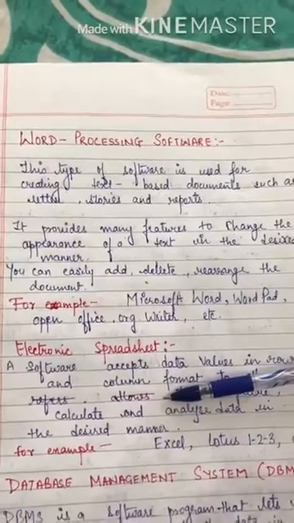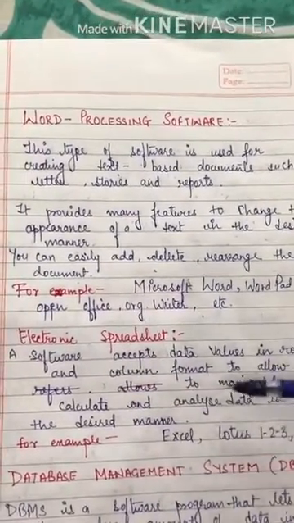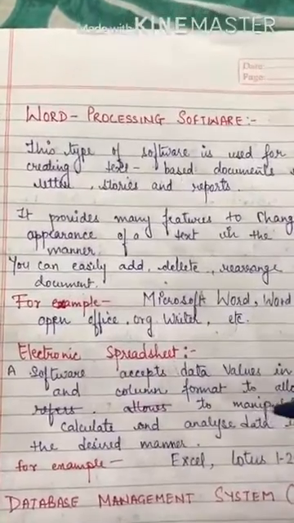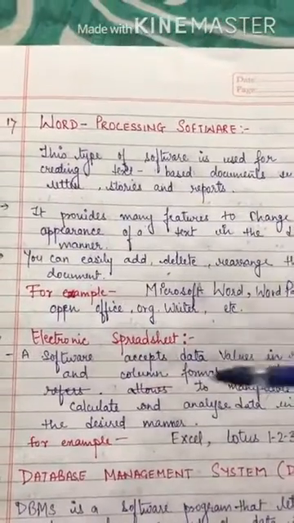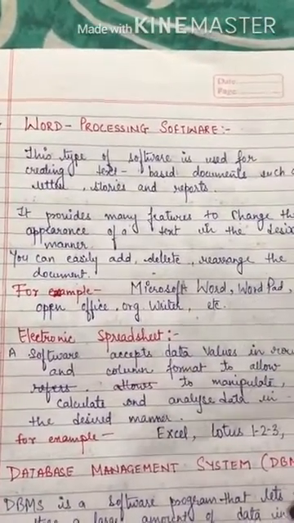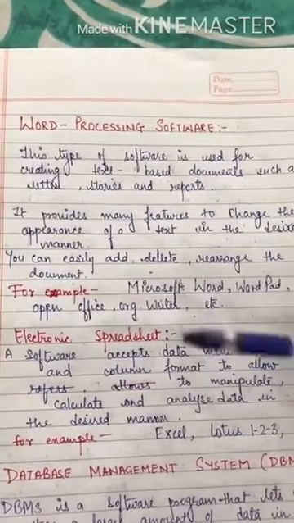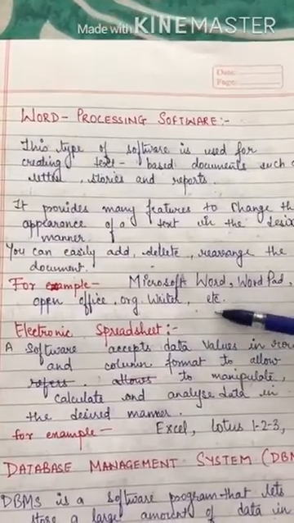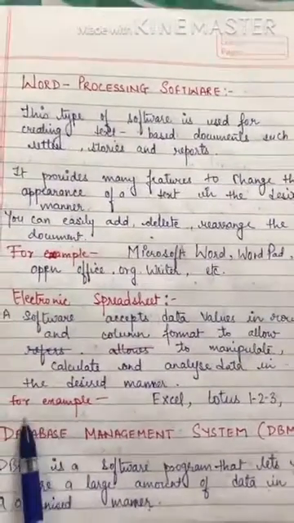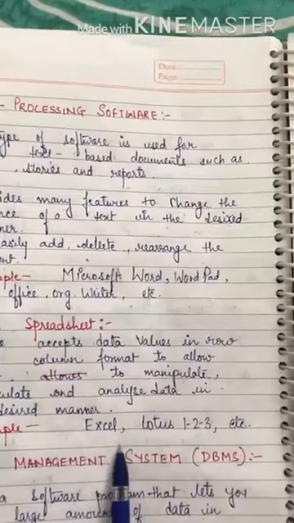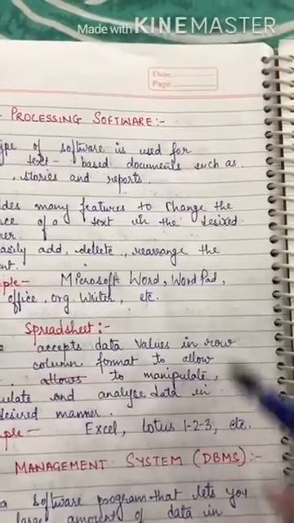It is used for creating documents to manage and organize numerical data. Some of its application areas are financial accounting, cost analysis, interest calculations, etc. Some examples are Excel, Lotus 123, etc.